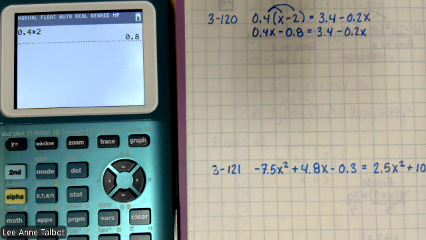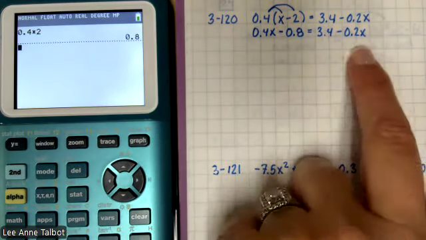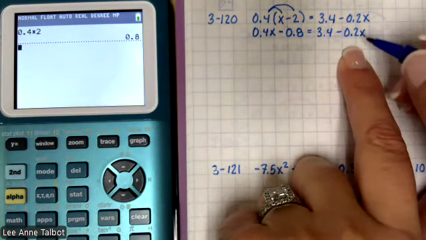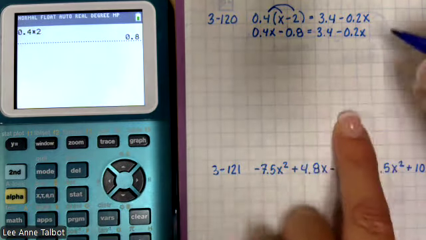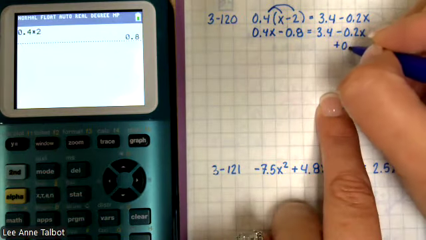Everybody okay so far? Okay, now when I have variables on both sides, I like to undo the one with the letter on it that's the lowest first. So I'm going to undo this first.